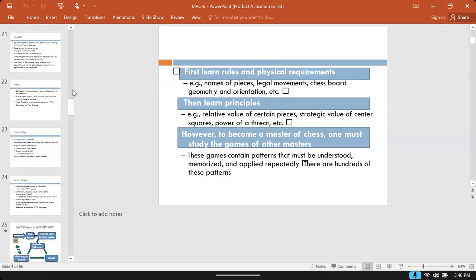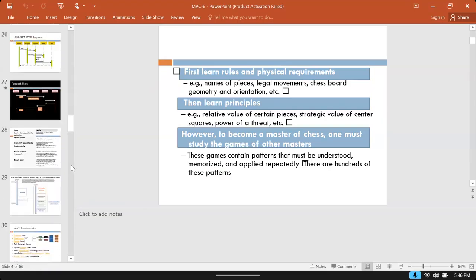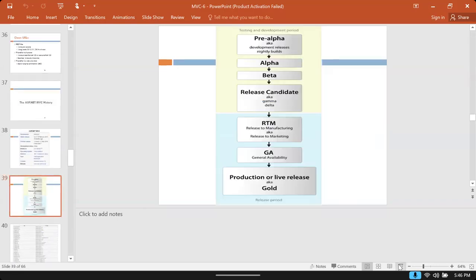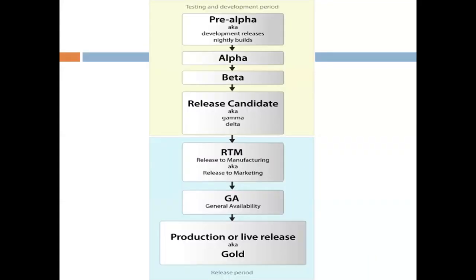That means how software versions are released. A cycle will be there. This is the version release cycle. Whenever any technology or software is released, this is the cycle.